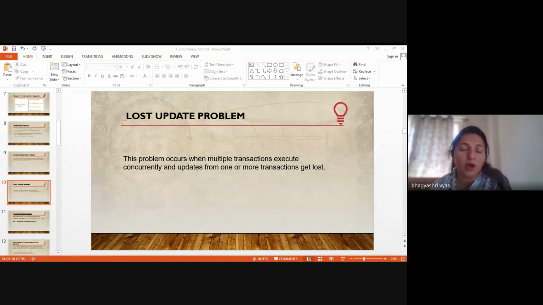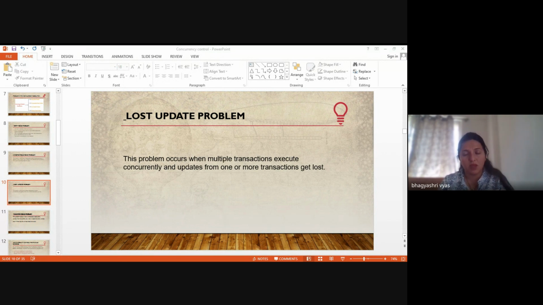T1 reads the value, suppose 10, and T2 reads, say, 15. T2 is in a blind state, so it writes without a read in the buffer, and T2 commits. When T1 commits, it writes 25 in the database. So we are not getting the updated value.